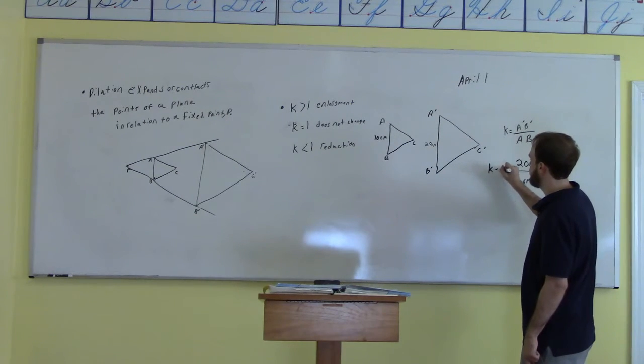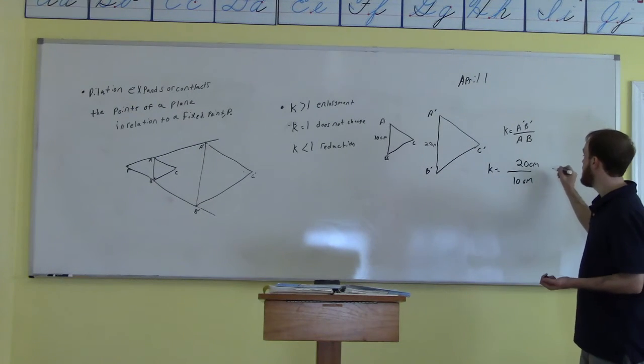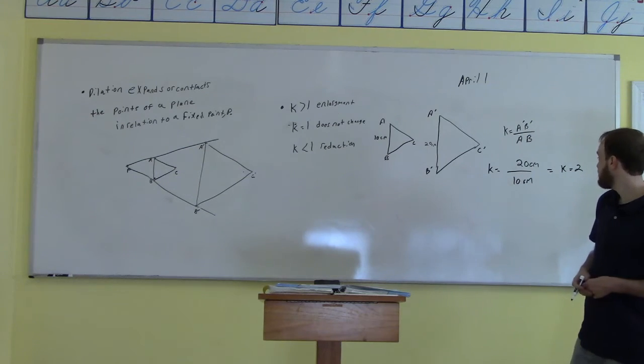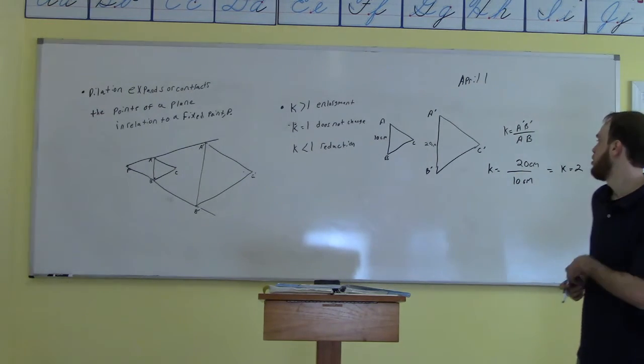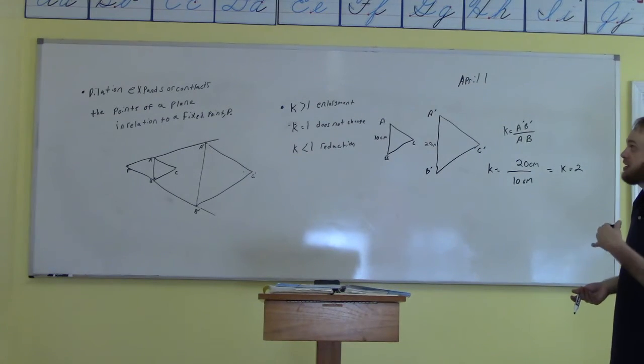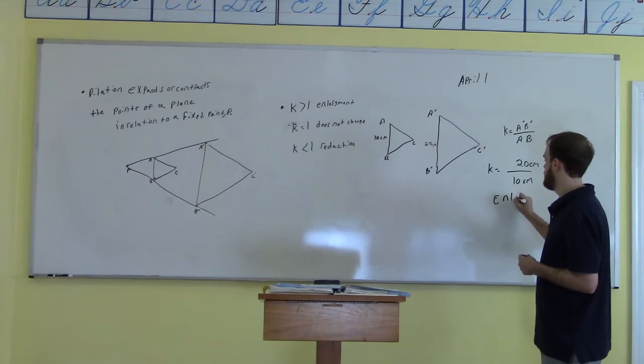So K would equal 20 centimeters divided by 10 centimeters. When you do that, K is going to equal 2. Since K is greater than 1, that means this is an enlargement.